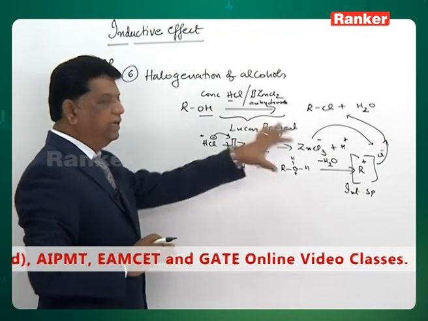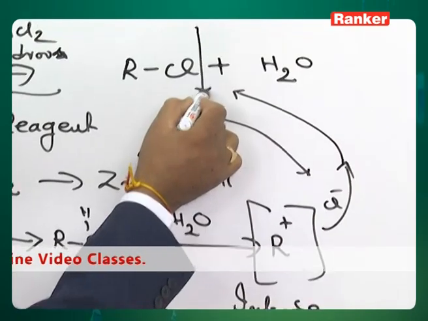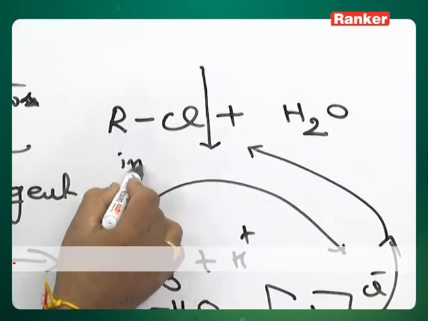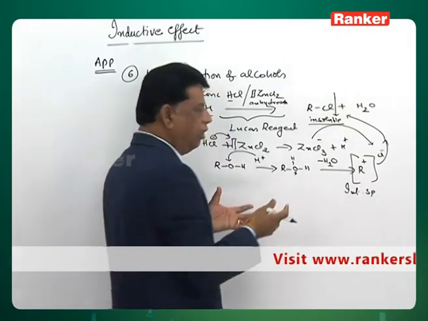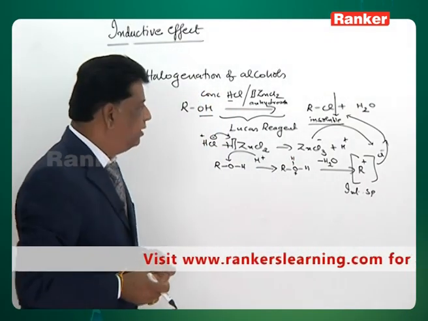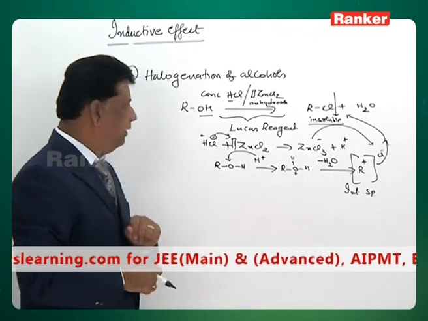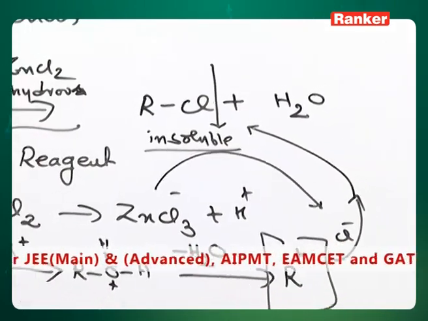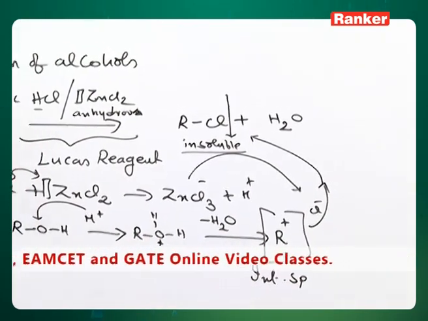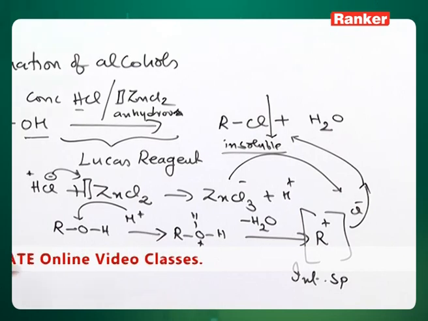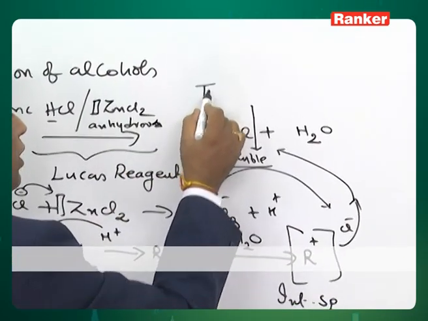Once the final reaction is completed, the RCl formed has one property, it is insoluble. Insoluble means if it is solid, you will get a precipitate. But unfortunately, this RCl is not a solid, it is a liquid only. The other liquid medium is the aqueous medium, in which the organic liquid is not soluble, therefore it comes out as a suspension or turbidity, which is the terminology used here.